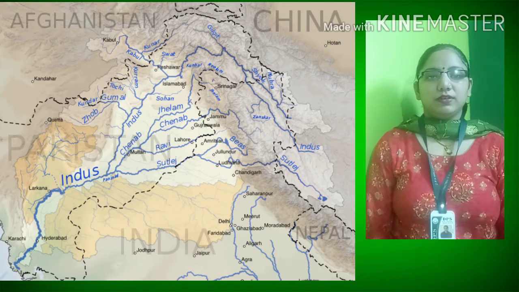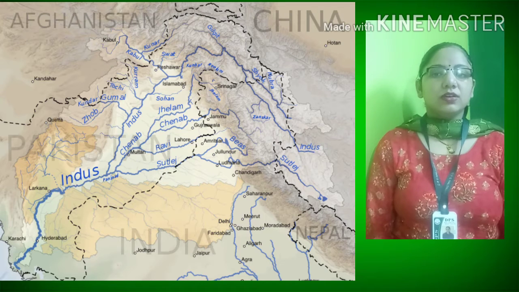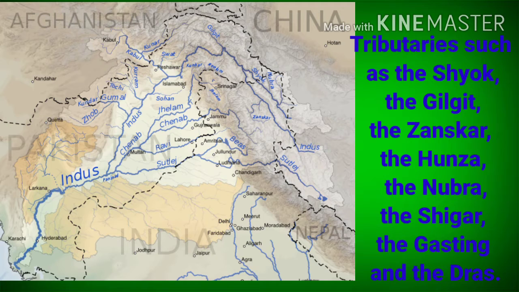Let's see the other tributaries. The Chenab is the largest tributary of the Indus. The Ravi, also known as the Iravati, is another important tributary of the Indus.